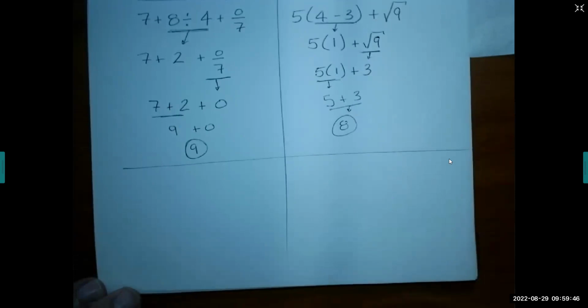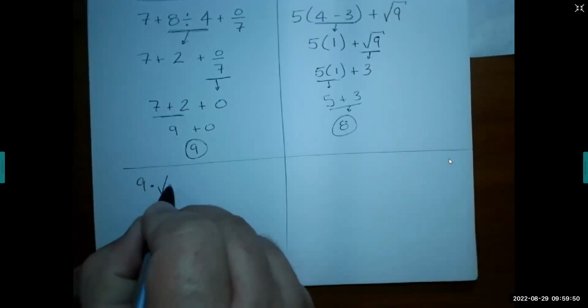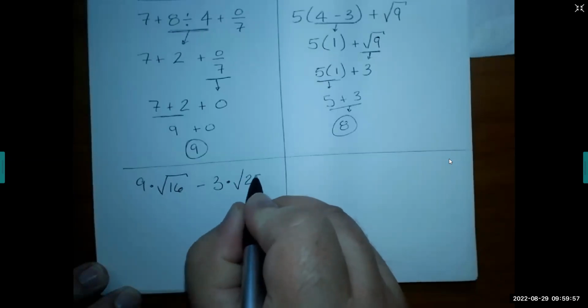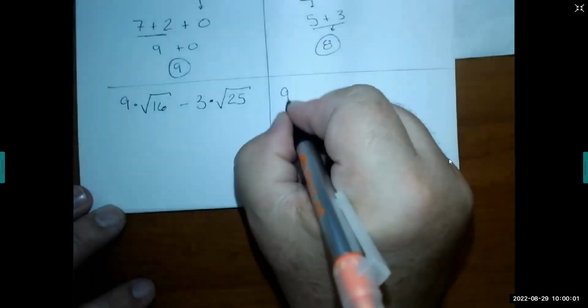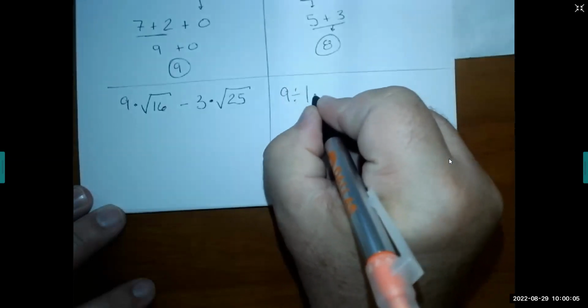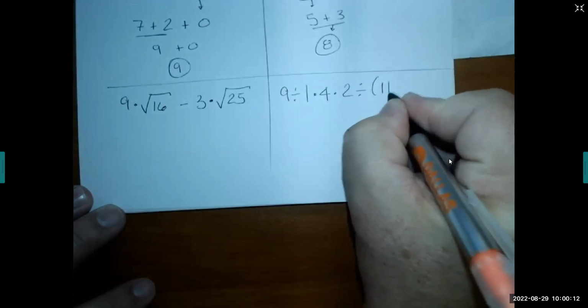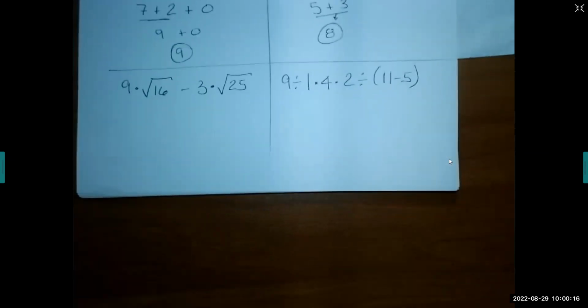Got a couple more. So 9 times square root of 16 minus 3 times square root of 25.